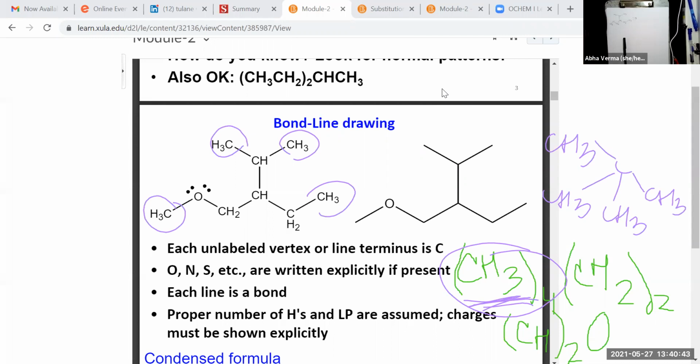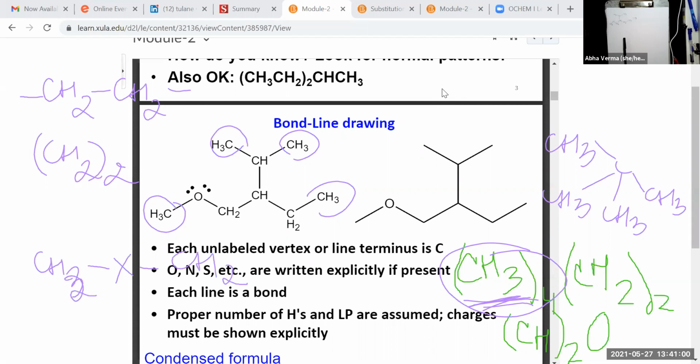So when we write CH2, CH2, we indicate that both the CH2 are next to each other, not like this. So make sure that both the units are next to each other, not anywhere in the group.